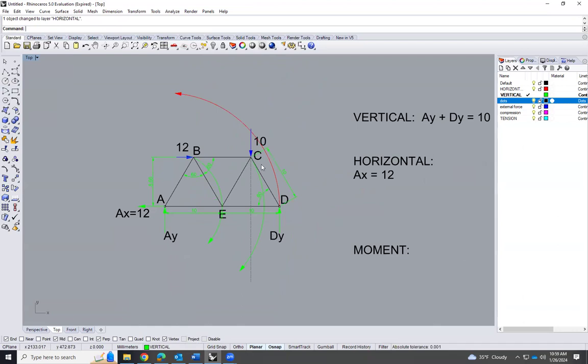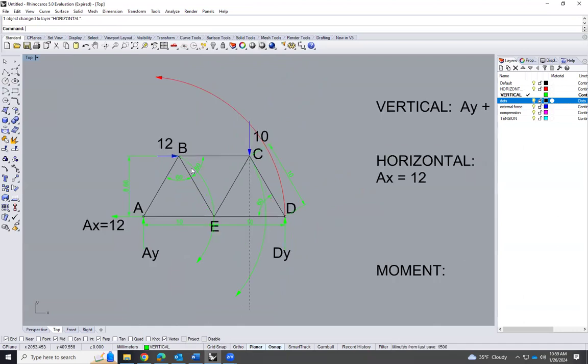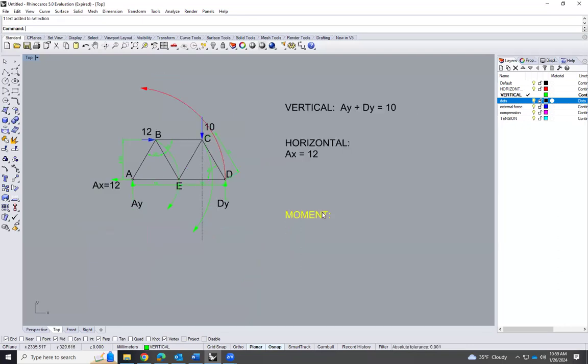The clockwise rotations are because of this force, 12, and this force, 10, and the counterclockwise is because of DY. So what's the moment here? The moment is always clockwise equals counterclockwise. This is what we have to do now.